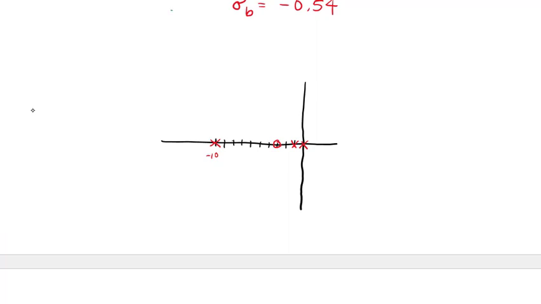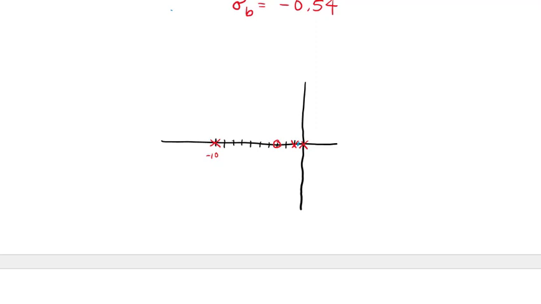The sigma b was located at -0.54, so that's right there. And it's a little over halfway between the one at -1 and the one at 0. Okay? So that's sigma b. You can barely pick it out.